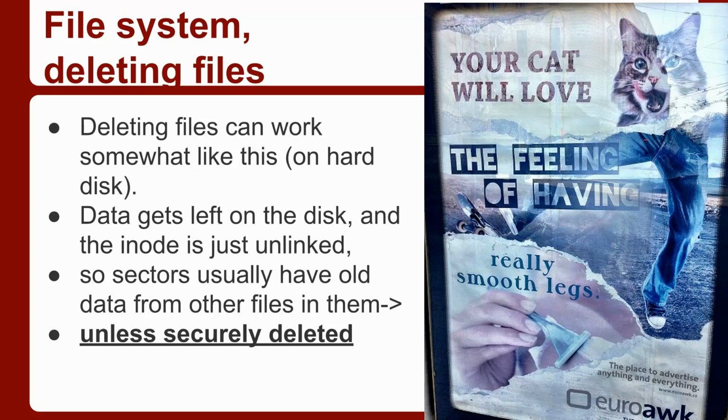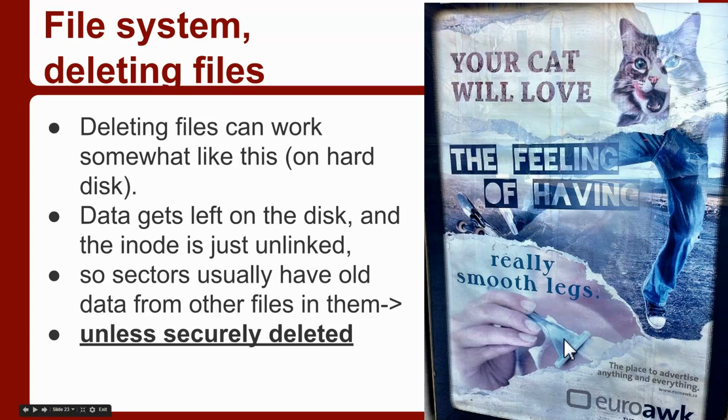So you can get to a state like the picture on the right where the first thing that was written was this picture with really smooth legs, and then it was deleted and left for garbage collection, and this next picture was written, and you see how some of the rest of this block has the previous picture, and then this was deleted, and then eventually this starts getting written, and the file system will know that, okay, this file ends here.